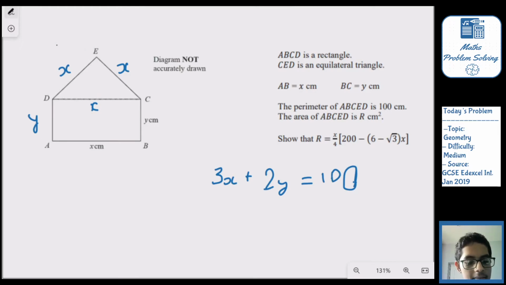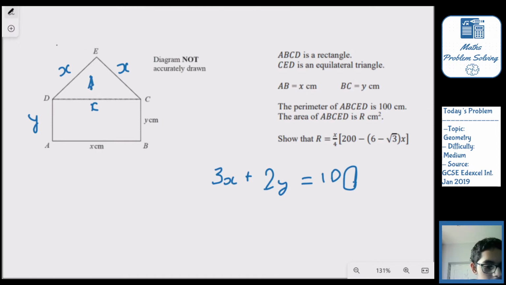And the area of ABCD is r centimeters squared, and we need to show that r is a certain value. So I guess there are two parts to this question.